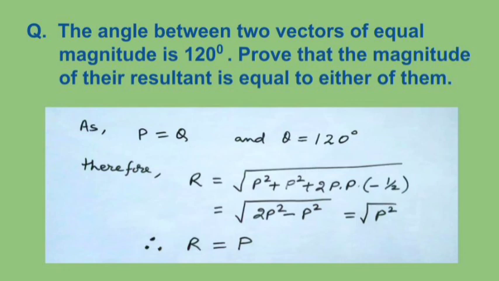Therefore, R is equal to under root P square plus Q square plus 2P into P into minus half, as cos 120 degree is equal to minus half. So, R is equal to under root 2P square minus P square is equal to under root P square, and hence R is equal to P, which was asked to prove.